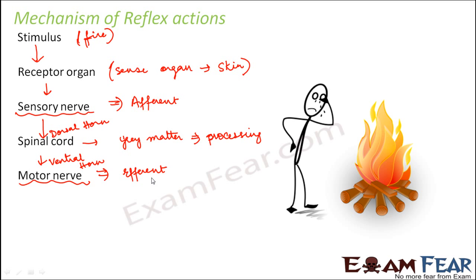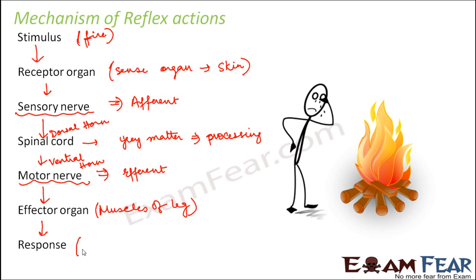So these efferent nerve fibers will carry the electrical impulse, and it will reach the effector organ. The effector organ in this case is the muscles of the leg. So it will reach the muscles of the leg with the response from the spinal cord in the form of an electric impulse. And then this effector organ will give out the response.